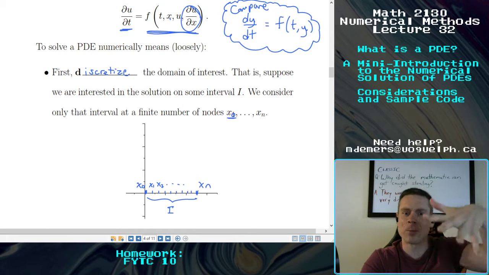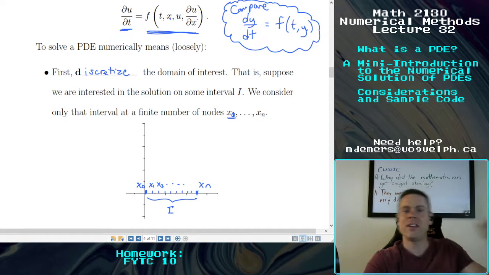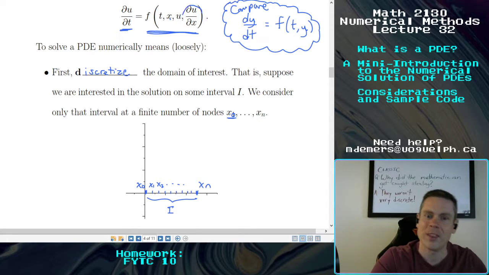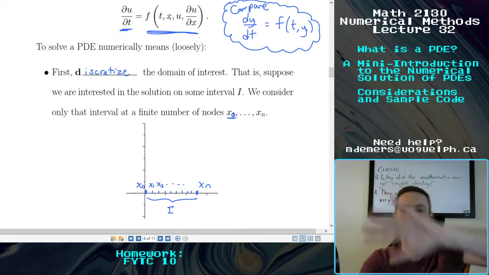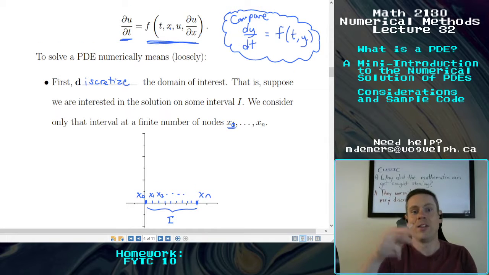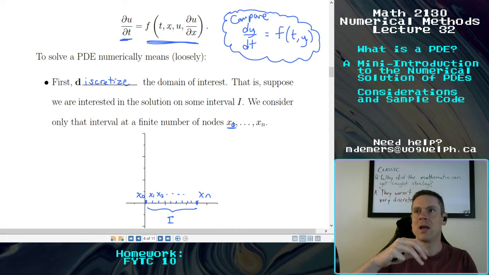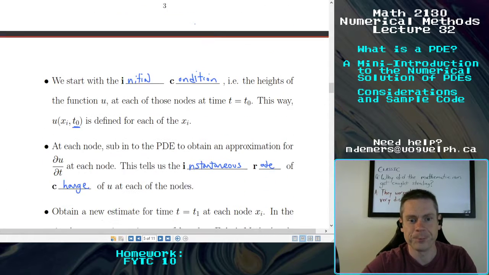So I can use difference approximations to determine what the derivative is at this node, and so on. There are different ways to do that, but I can use approximations using data between adjacent nodes to figure out what this thing is. And I can use all of that information, sub in for du dt, and figure out what the tangent slope is to know how much the u value should increase or decrease at every single node.